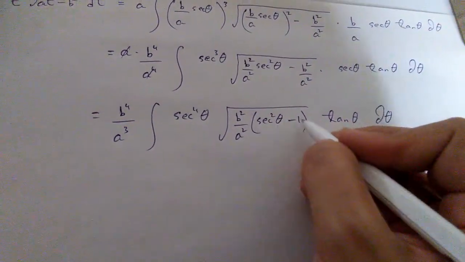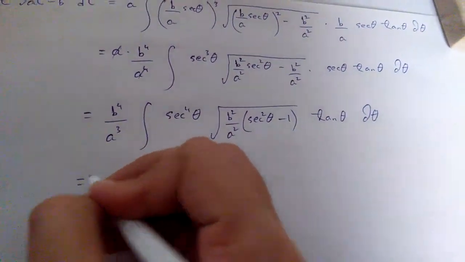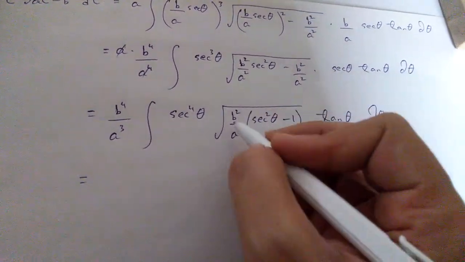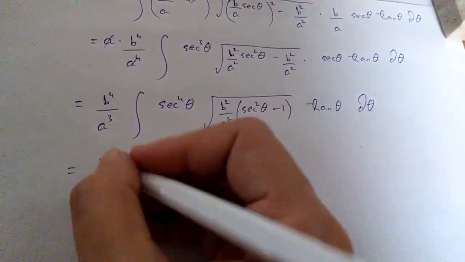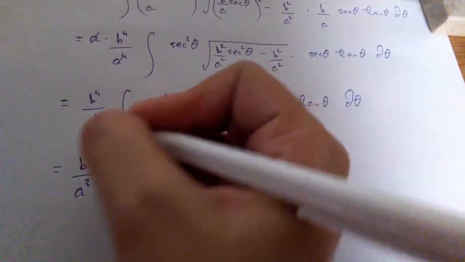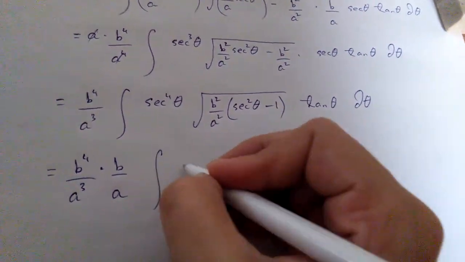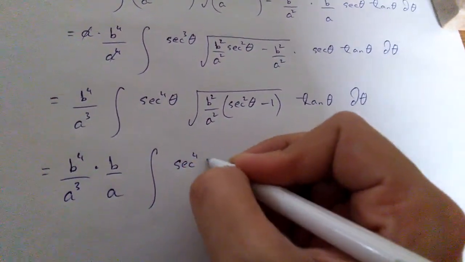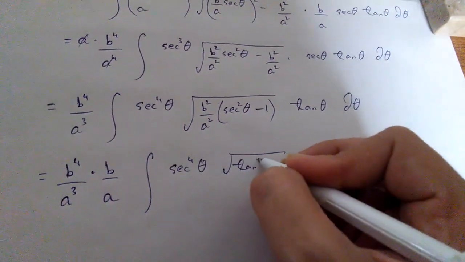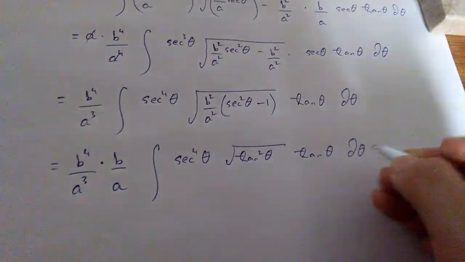Now this thing is giving me tan square theta, as we have just discussed in the previous example. When this b square upon a square comes outside the radical, it becomes b upon a, and I'm going to write it before this integral because they are constant. And now I am having secant power 4 theta under root tan square theta tan theta d theta.